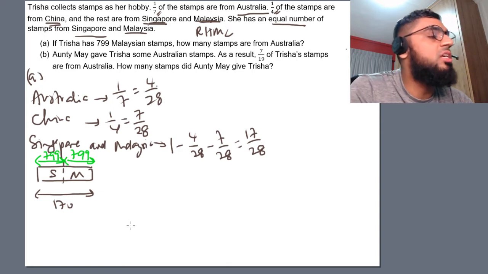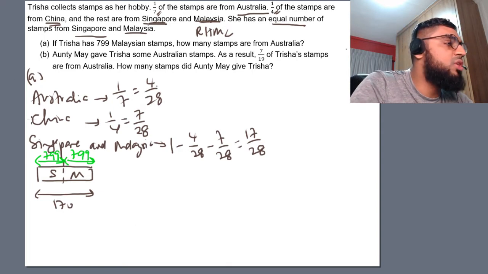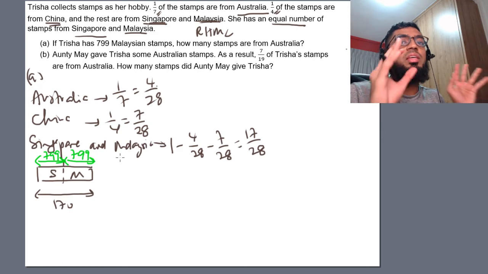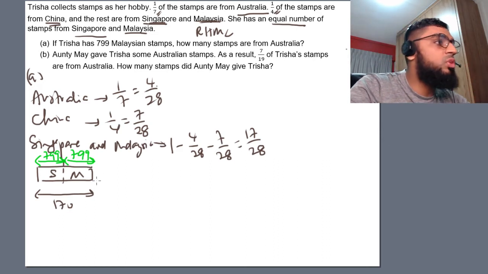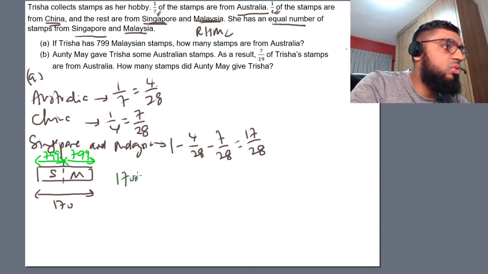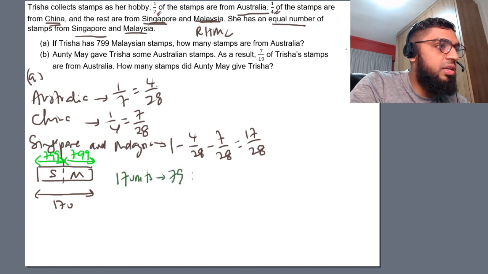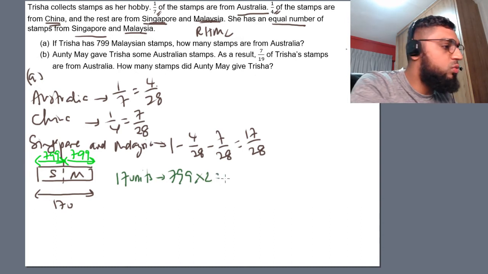Why is that so? Because they have mentioned that Singapore and Malaysian stamps are equal in number. Which means that I can find 17 units of stamps, which is 799 multiplied by 2, and that gives us a value of 1598 stamps.